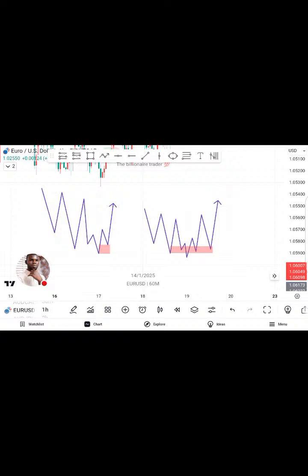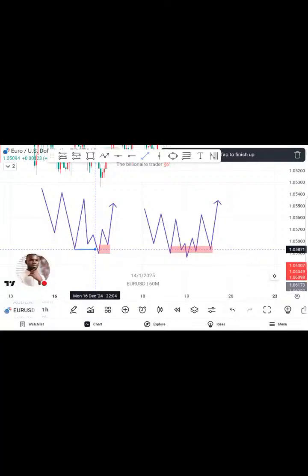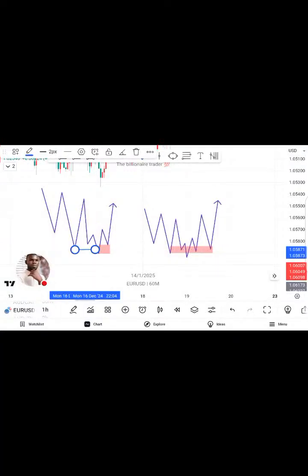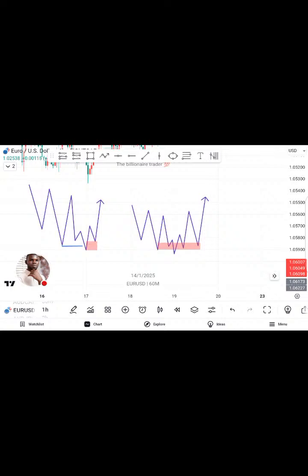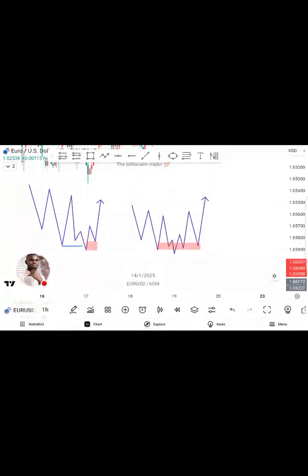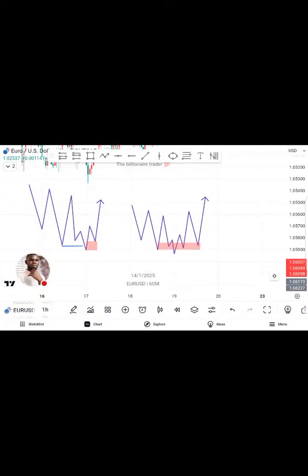So if we have a break of structure and before this particular break of structure, price reacts to the demand zone, and after breaking the structure, there is a change of character and it is expected that price will respect the demand zone created after the break of structure.